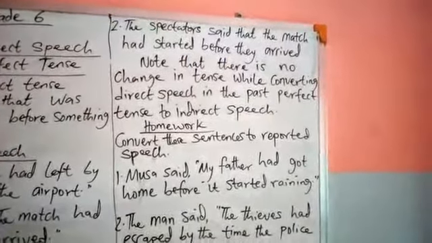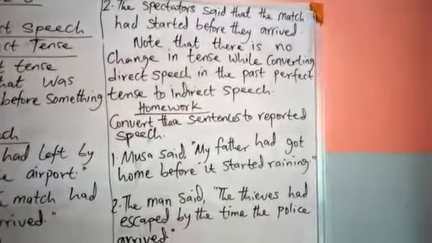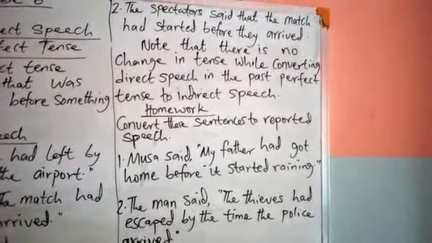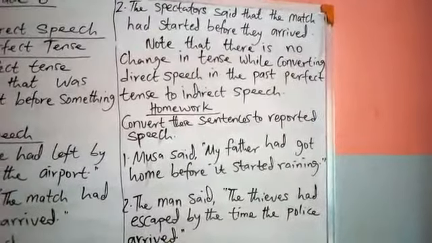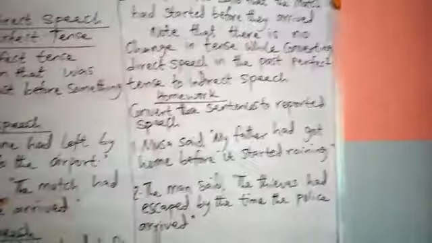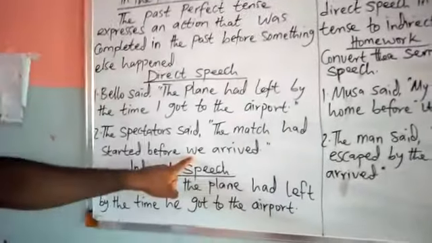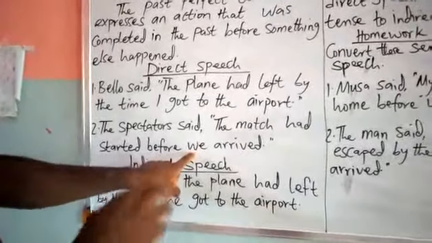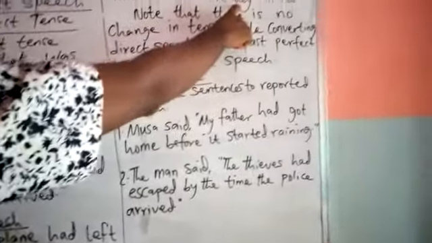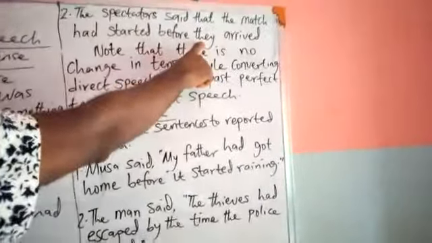There is no change in tense because the tense is in the past perfect tense, but there is a change in the pronoun here. We in the direct speech has changed to they in the indirect speech or reported speech.